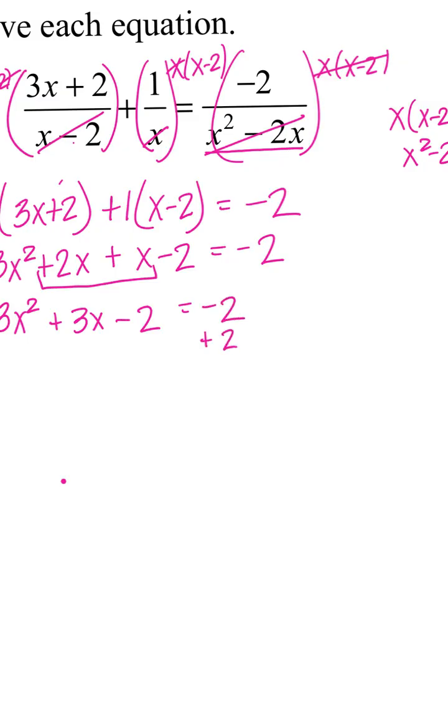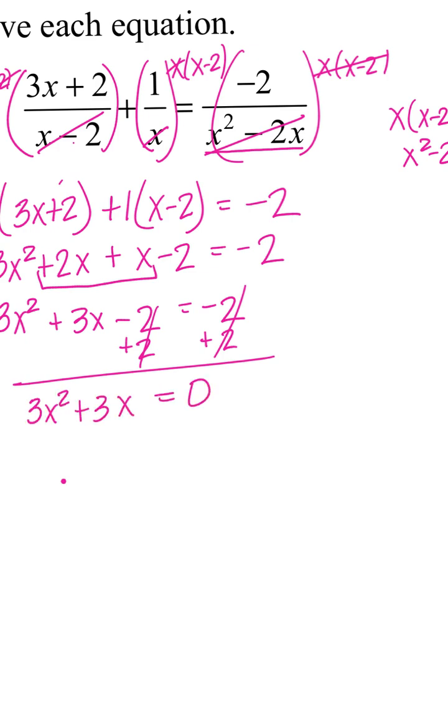Well, if I add this 2 to this side over here, I'm left with 3x squared plus 3x equals 0. I don't have to put this 0 here because it just works out. Now I can factor out, because they both have a 3 and they both have an x, so I'm going to factor out a 3x. 3x times x will give me 3x squared, and 3x times 1 gives me 3x.